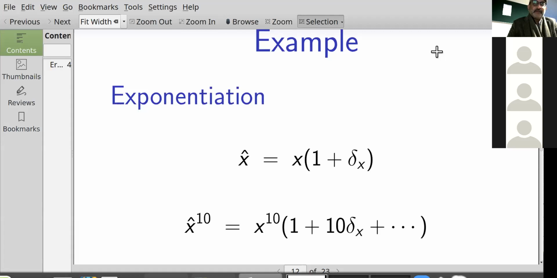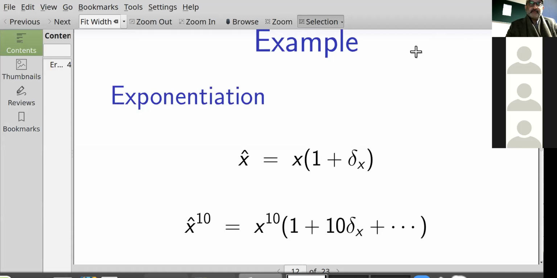Okay, so we use this kind of approach to work out the relative errors on various operations as a function of the original relative error on the input to the function.